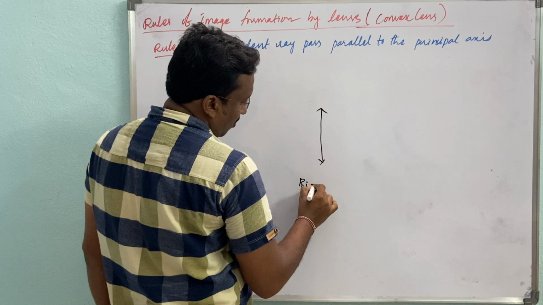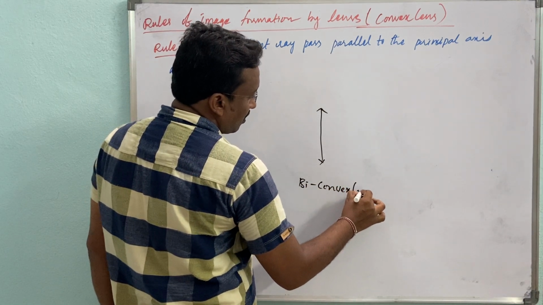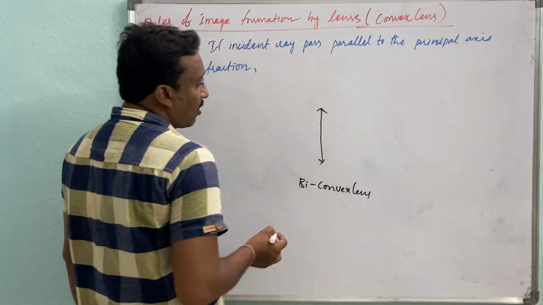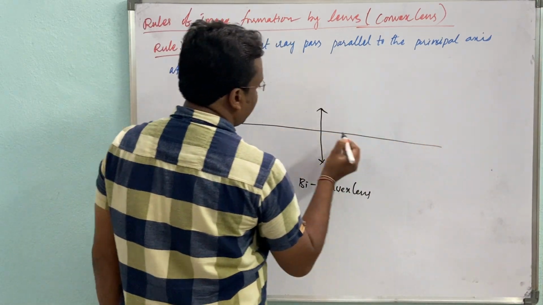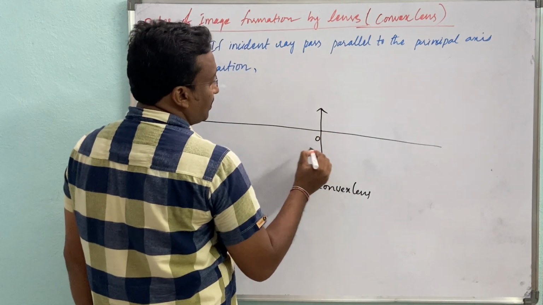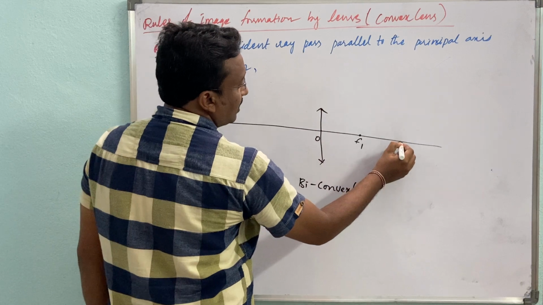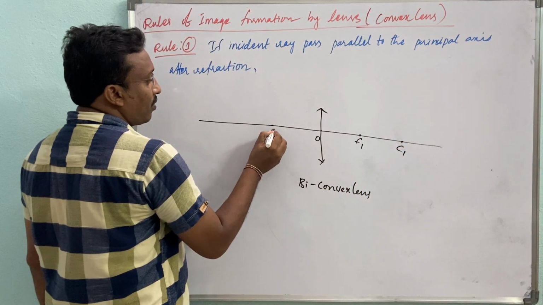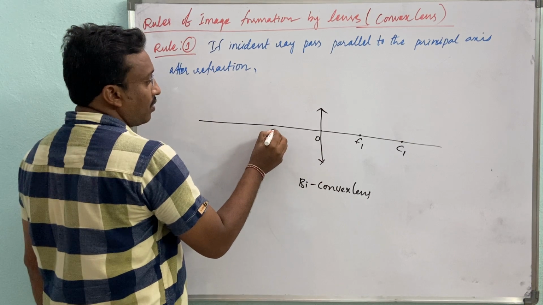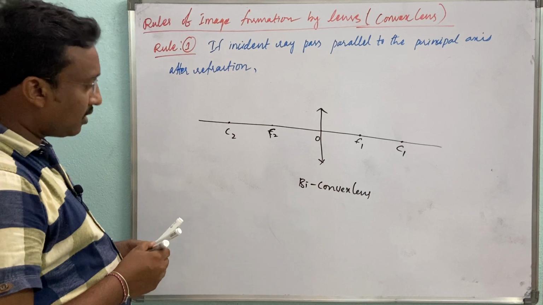What is this? Biconvex lens. Then principal axis, optic center, focus, center of curvature, okay, right.